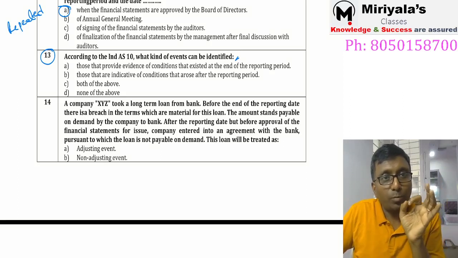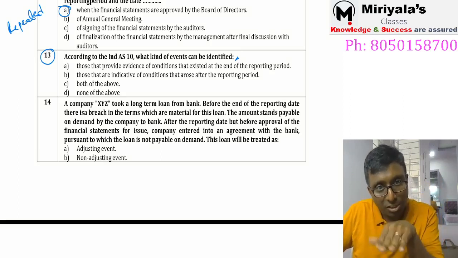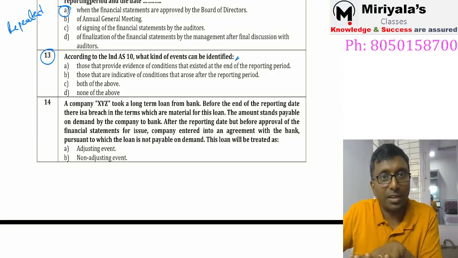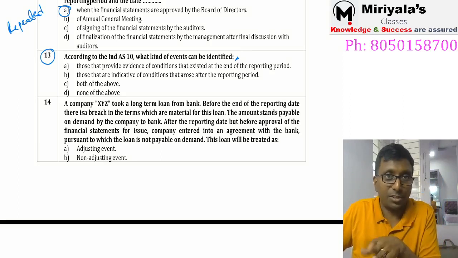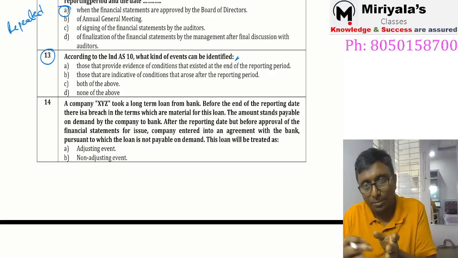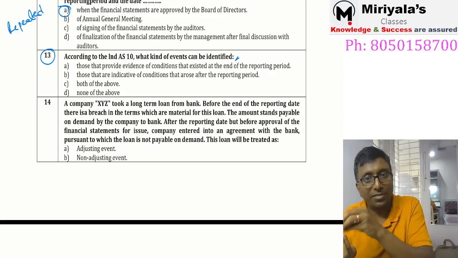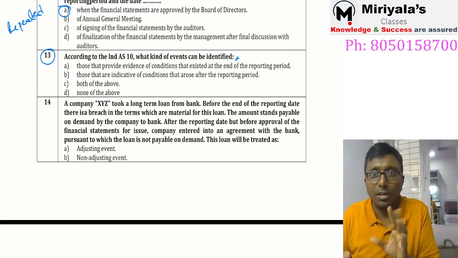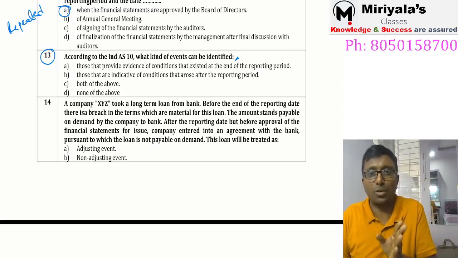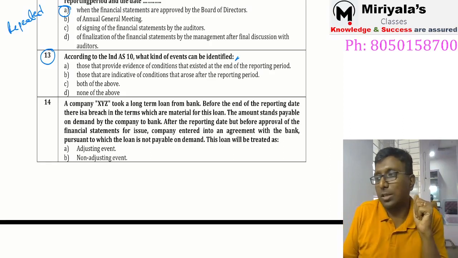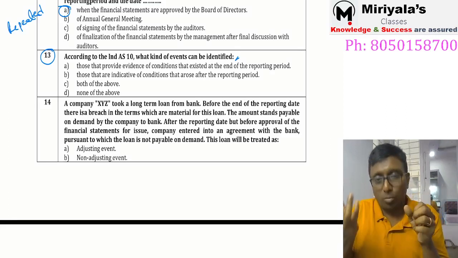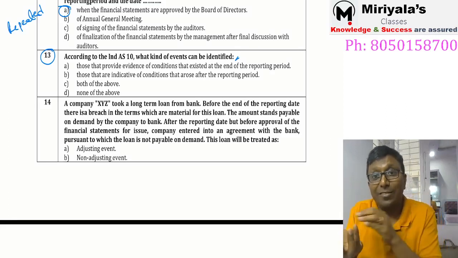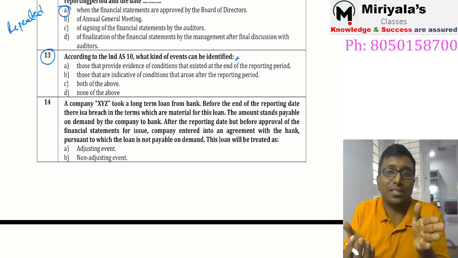Those that provide evidence of conditions that existed. Yes, the condition is there already on 31st March. And those are indicative of conditions that arose after. There are some events which are happening after, but which are indicating that the condition was there as on 31st March. If you remember, I gave you an example. I got to know because of the subsequent event that I was already liable as on 31st March.